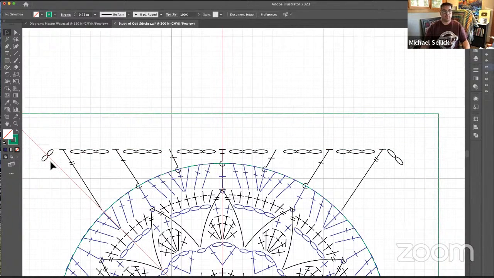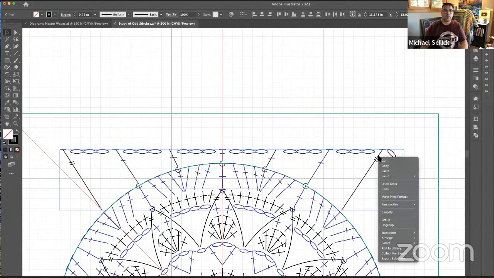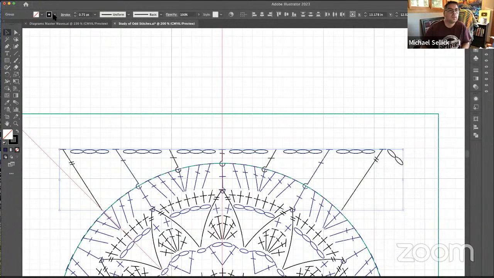So I'm going to now do a copy in the square. So we're going to push these all into the same layer. Are they all the same color? No, they're supposed to be black. They are. Okay, we're going to group these together.